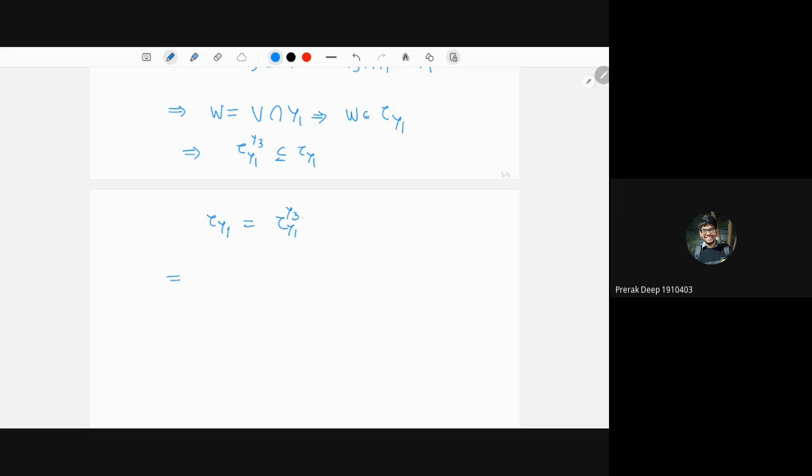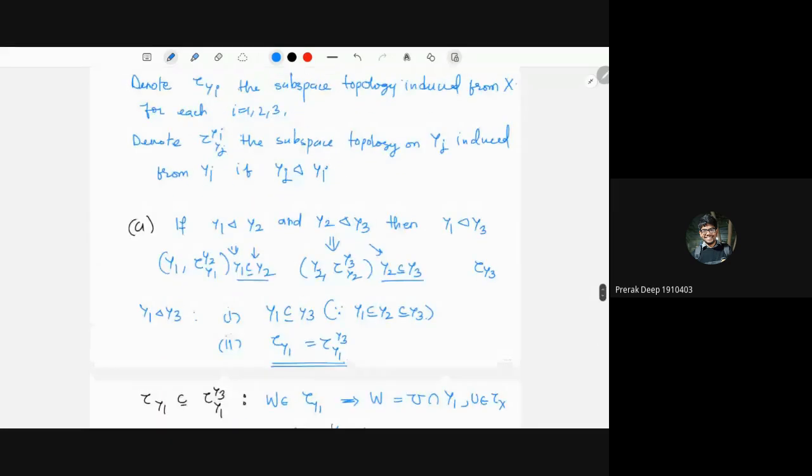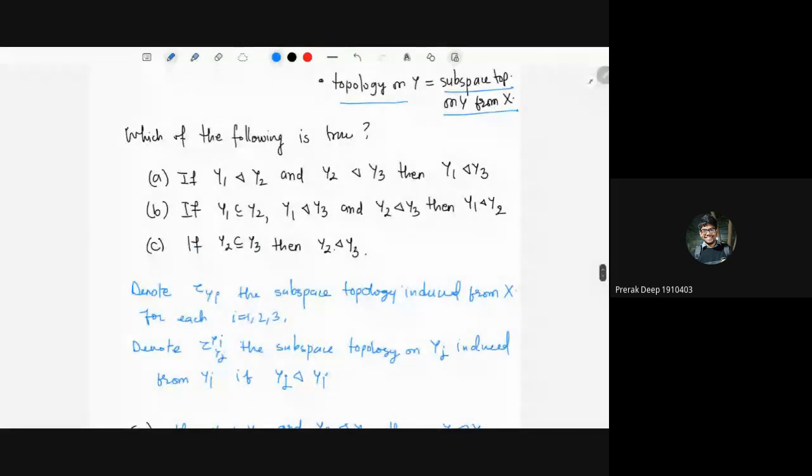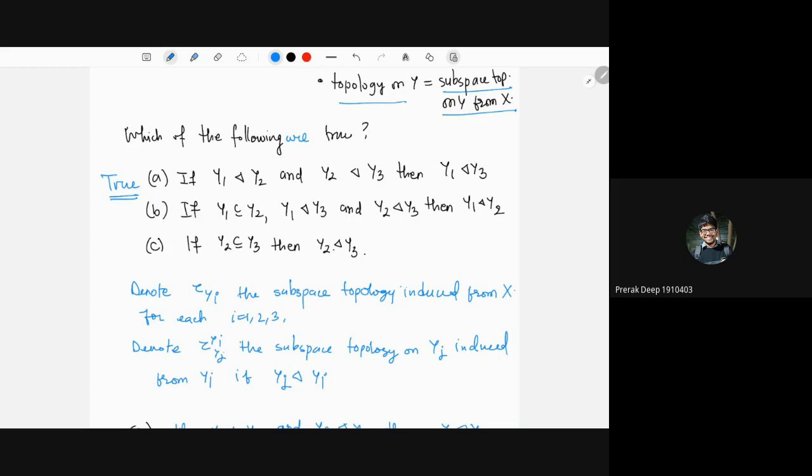So this gives you that y1 also triangles with y3. So that means statement A is true. Now similarly for y2 as well.